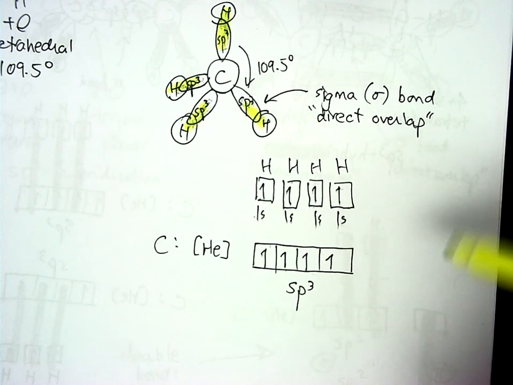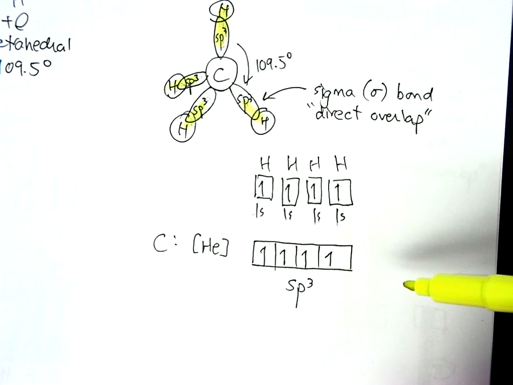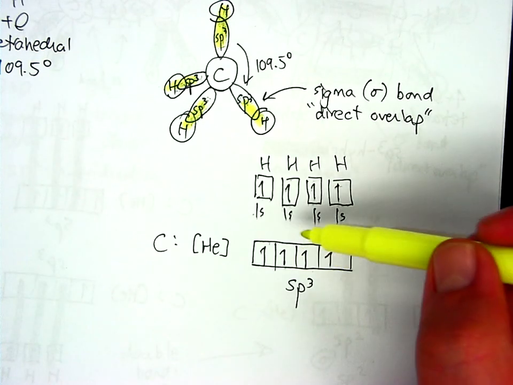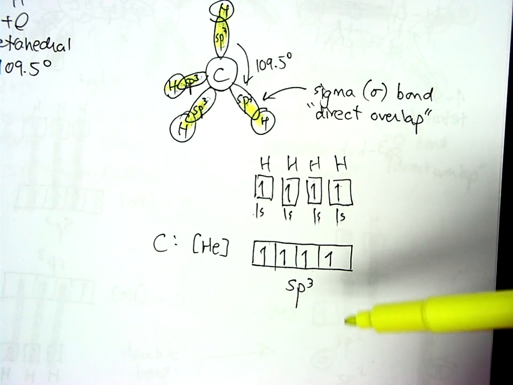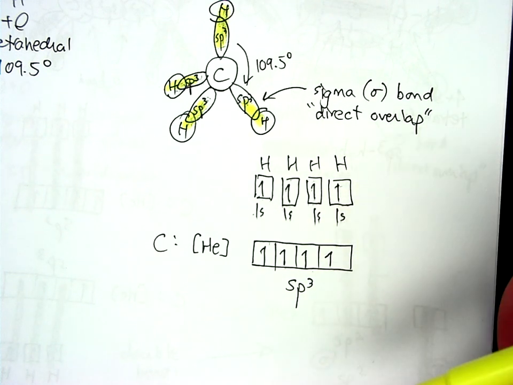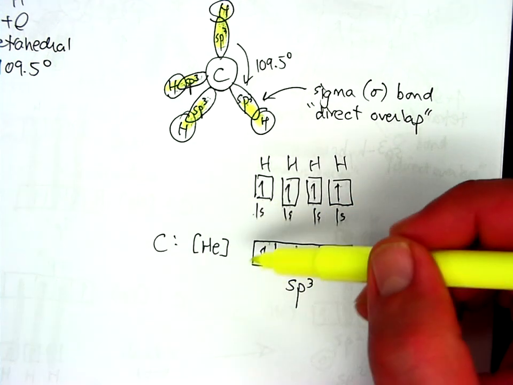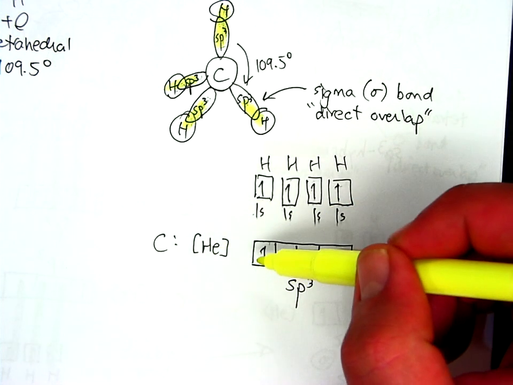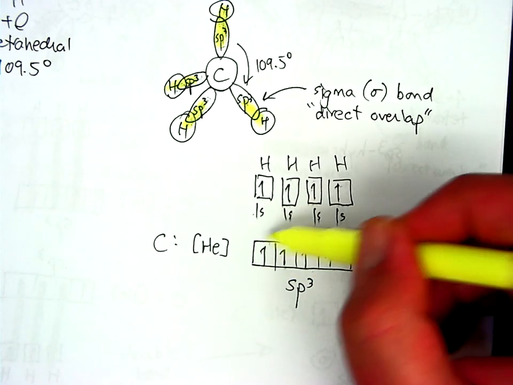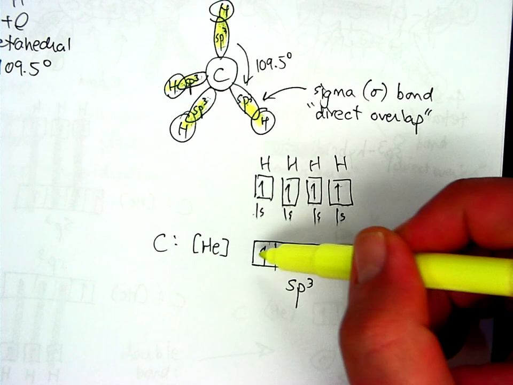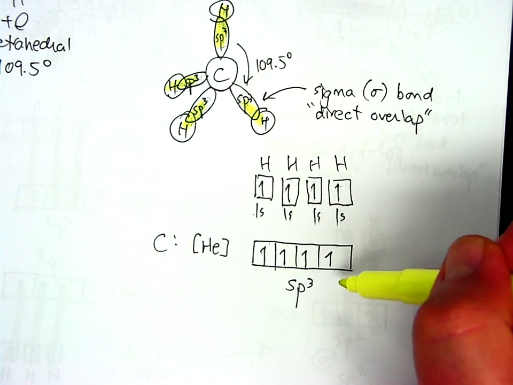Now, another little way to illustrate this is by looking at a hybrid electron configuration for carbon. Carbon doesn't have an s with 3 p's on their own. They mix them all together to form 4 identical orbitals, all with the same energy, all with 1 electron in it.